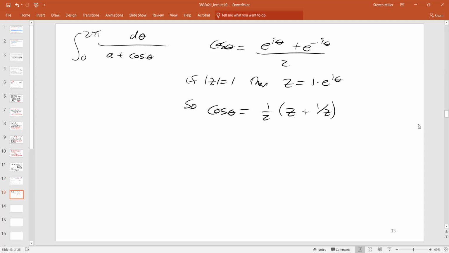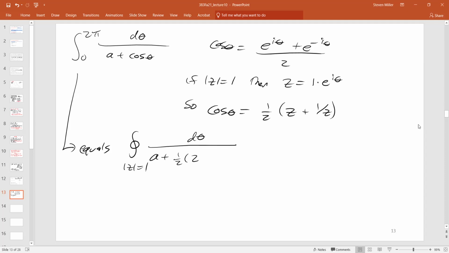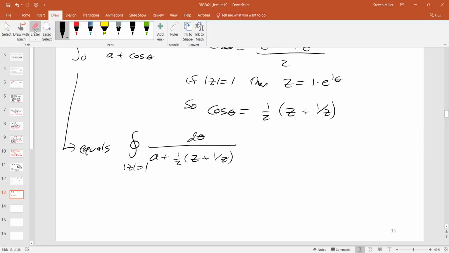So what that means is our integral equals the integral over the circle of radius 1 of d theta over a plus 1/2 z plus 1 over z. Okay, except it's no longer d theta. I gotta write this carefully.